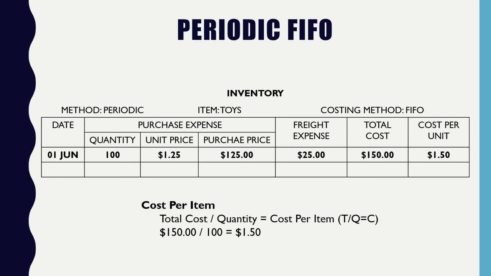That's the baseline of your cost, the starting point of your selling price. Now, don't confuse your selling price with your cost per item or your cost of goods sold, okay? Because they are two different things.